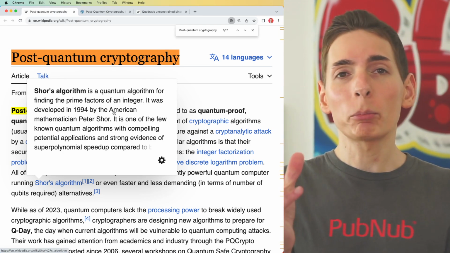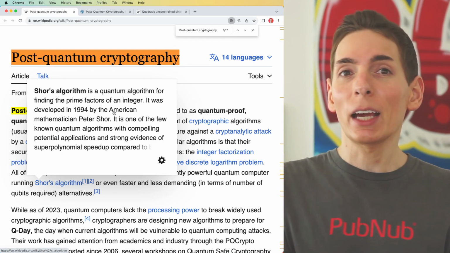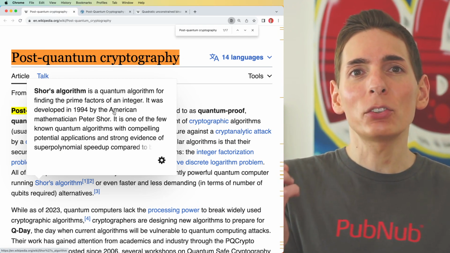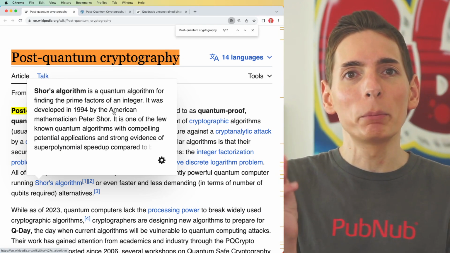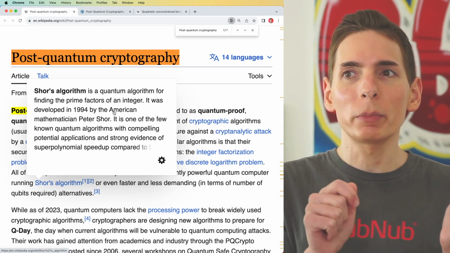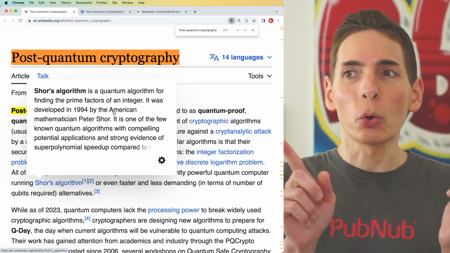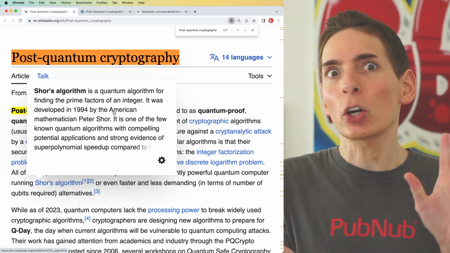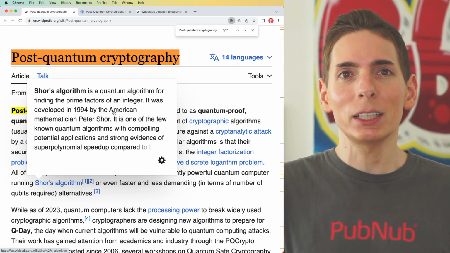Once we have a quantum processor that has enough qubits to operate Shor's algorithm, it can easily find the majority of the solutions, breaking the code from any of these existing public key algorithms.